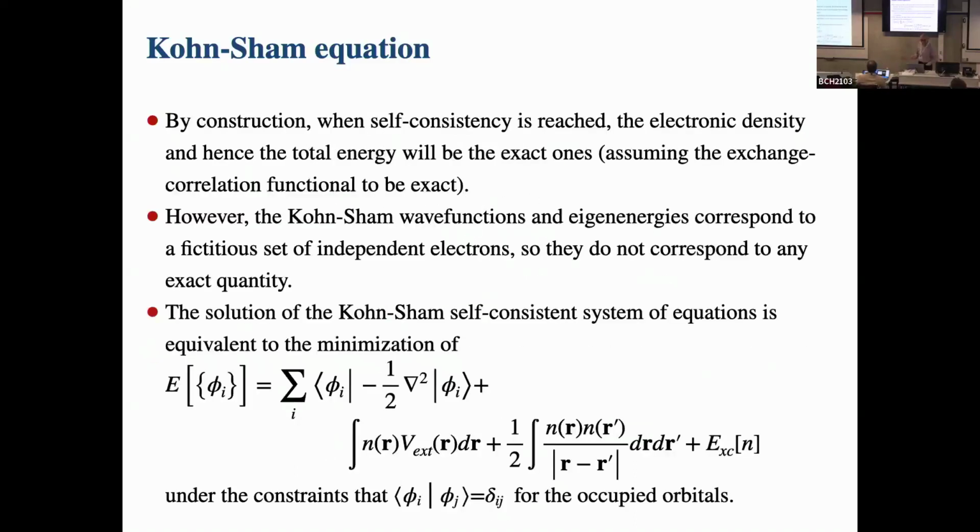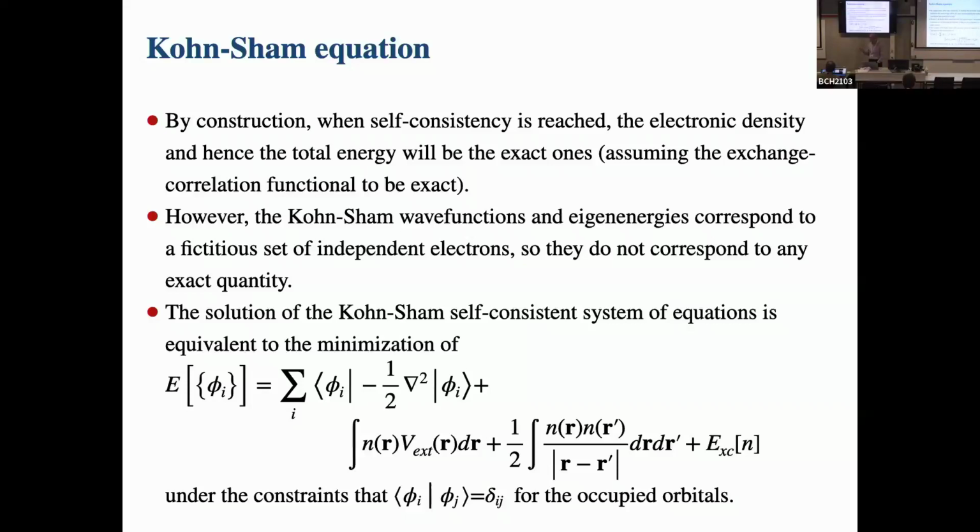Okay, so once we have reached self-consistency in the Schrödinger one-electron equation, assuming that we know the exchange correlation functional, the electronic density is the density of the ground state, and so the total energy is the exact one for the ground state. And as we were pointing out, the wave functions and the eigenenergies correspond to a fictitious set of independent electrons.